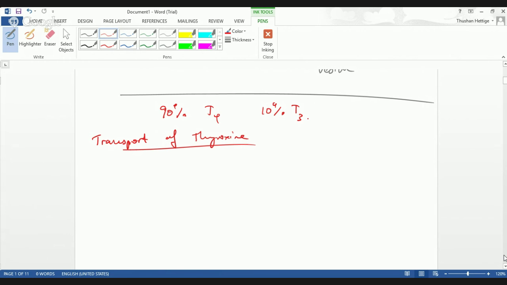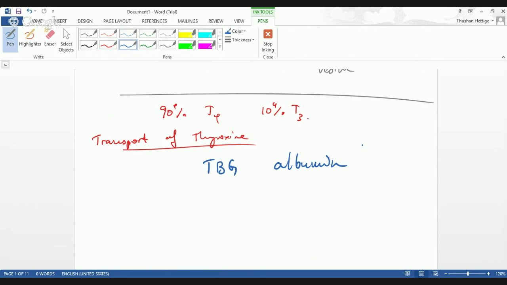And which binding protein does it use? Thyroid hormone binding proteins? I don't know. Close. Thyroid binding globulin. So not thyroglobulin, thyroid binding globulin. And it also uses albumin as a carrier protein as well.